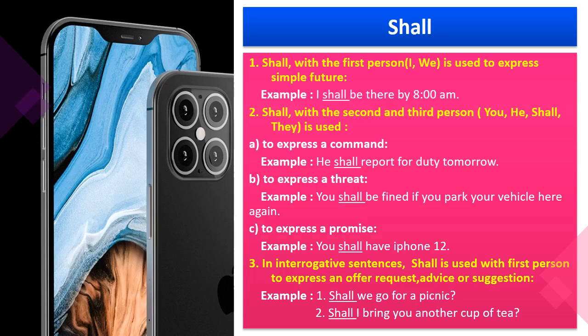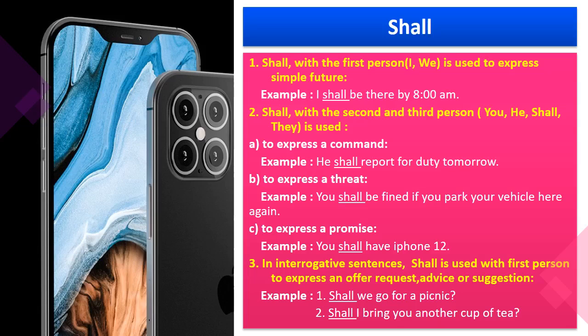For example, he shall report for duty tomorrow. To express a threat, for example, you shall be fined if you park your vehicle here again. C point, to express a promise. For example, you shall have iPhone 12.